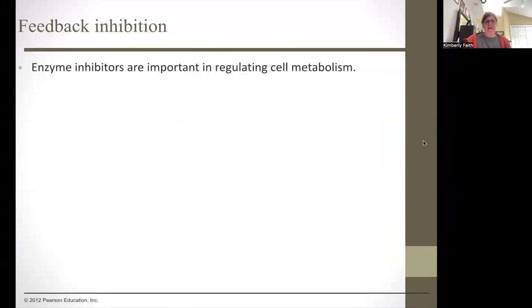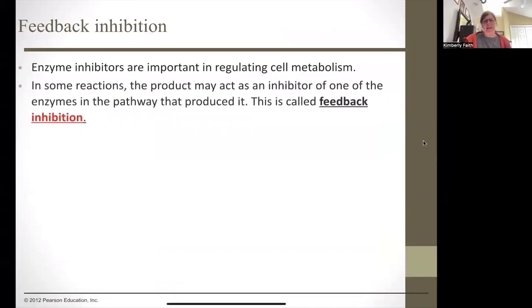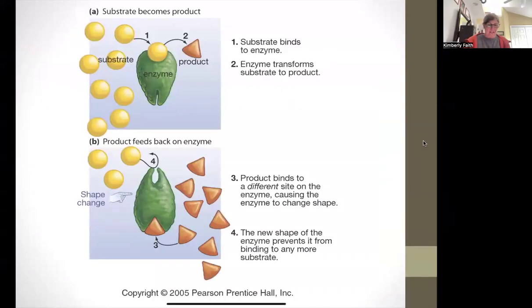We also have something called feedback inhibition, and this is where enzyme inhibitors are important in regulating cell metabolism. In some reactions, the product may act as an inhibitor of one of the enzymes in the pathway, and this is called feedback inhibition. So if we look here, we have these yellow spheres, and its job is to bind to the enzyme.